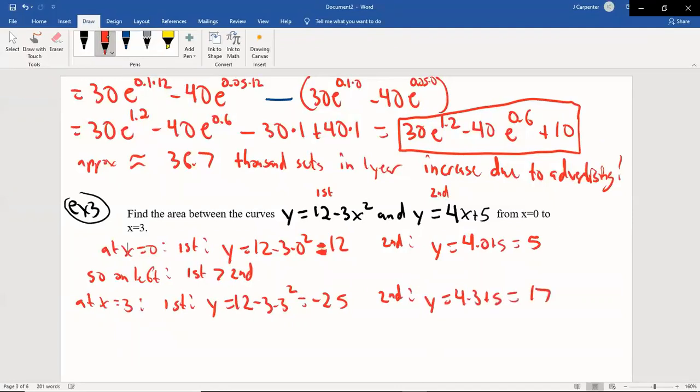So on the right, the second is greater than the first, which means they clearly cross.